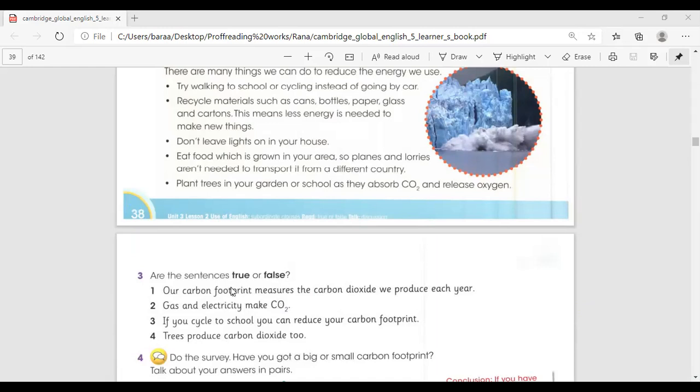True. So the carbon footprint is used to measure the carbon dioxide that each one of us produces. So let's write here, it's true.